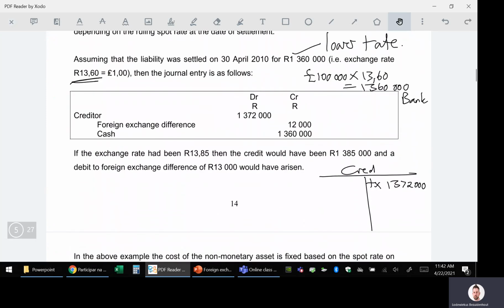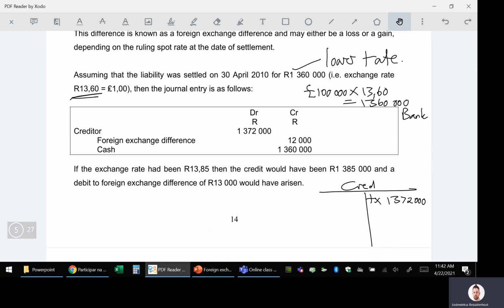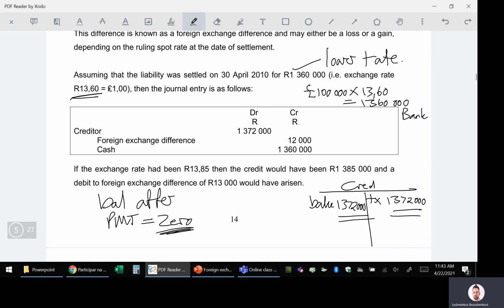So if we make a payment now and the creditor is settled, what should be the balance on the creditor? The balance after the payment should be 0. How do we get our creditor to be 0? We must debit the creditor with 1372, and now our creditor is 0.